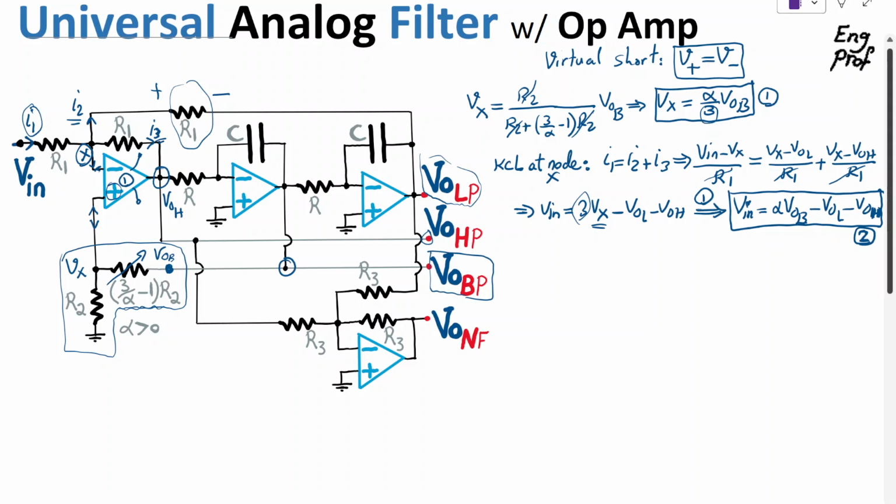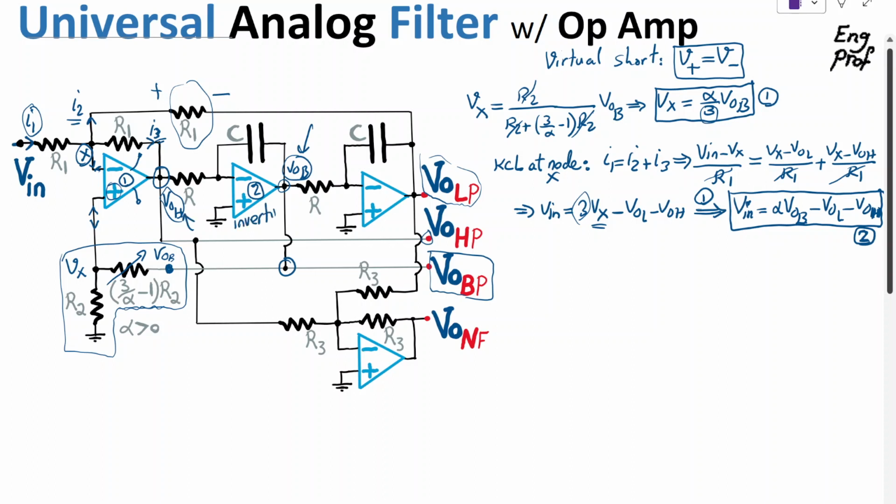I am going to just say that this node is V out bandpass, and the relationship between V out bandpass and V out high pass is just defined by op-amp number 2, that V out bandpass is its output and V out high pass is its input, and it's just a simple inverting amplifier.